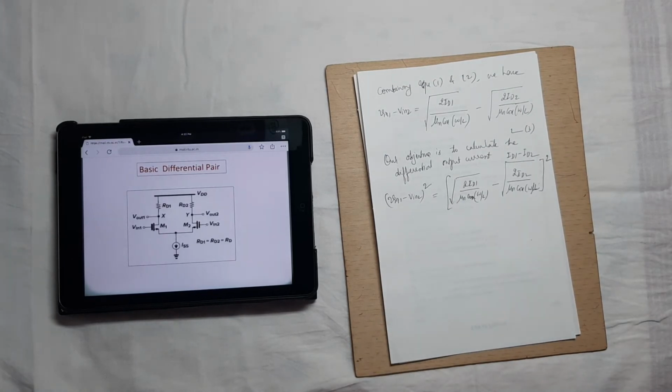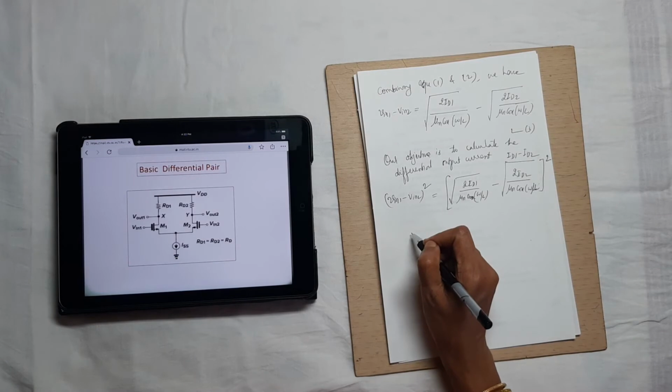Now we need to simplify. The right hand side expression is as good as A minus B the whole bracket square. A minus B whole bracket square is nothing but A square plus B square minus 2AB. Let us use that formula for the right hand side part.